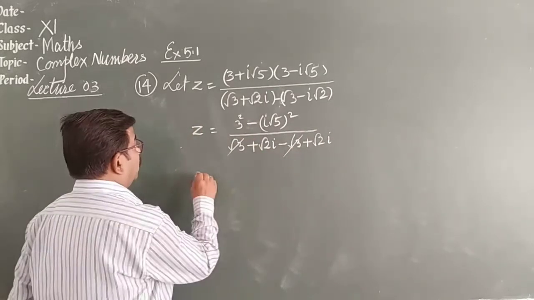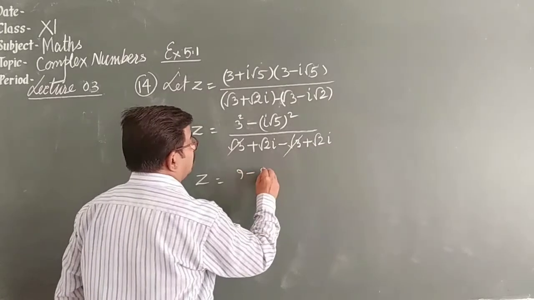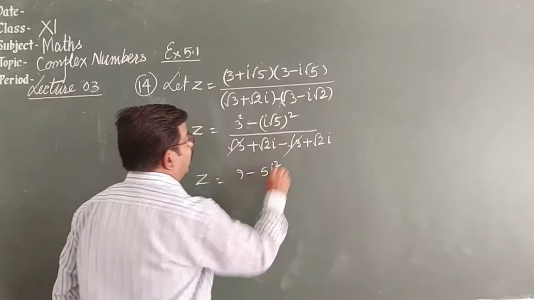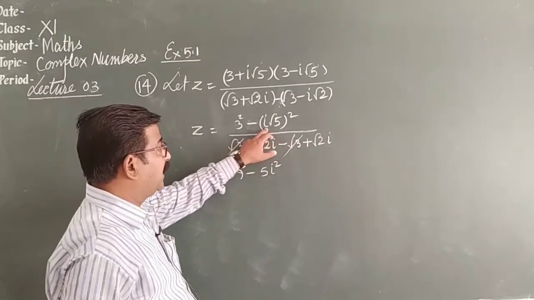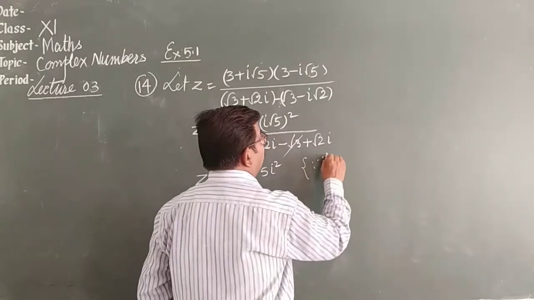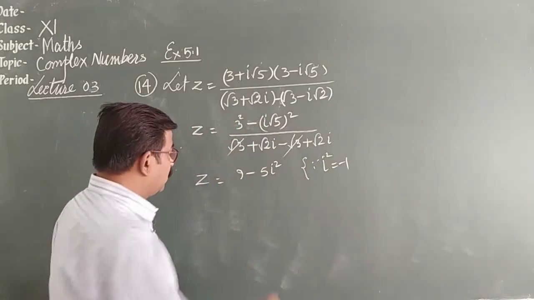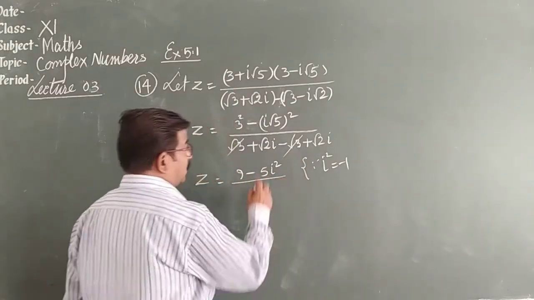Here in the numerator z is equal to 9 minus 5i square. Root 5 square is 5 and i square, and since i square is equal to minus 1, so in place of minus 1, it becomes plus 1.